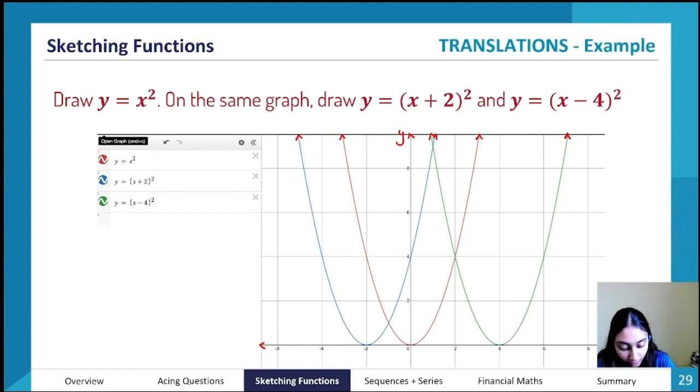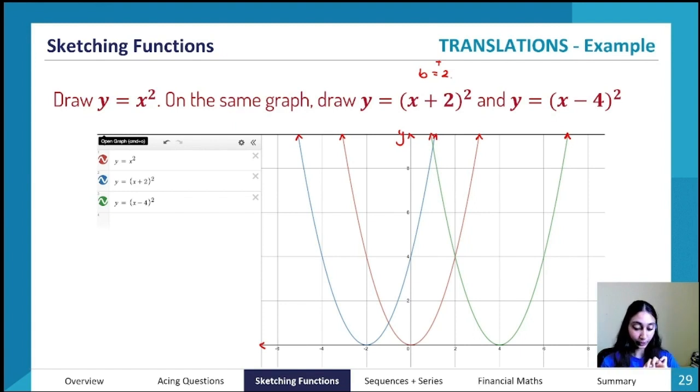So let's take a look at these graphs. So y is equal to (x plus 2) all squared. That means that in x plus 2, b is equal to 2. So, positive 2, let's keep that in mind. Positive means we're going in the left direction, okay?